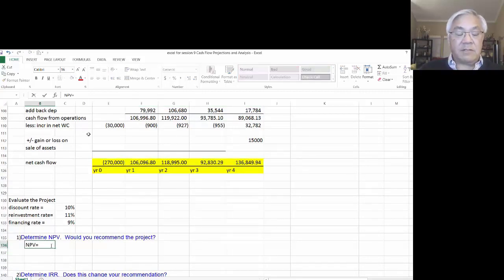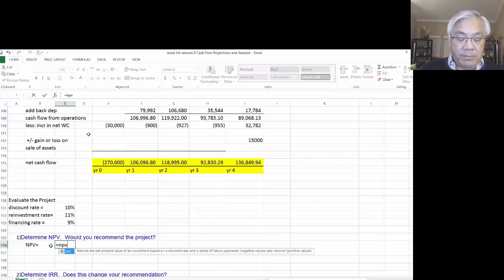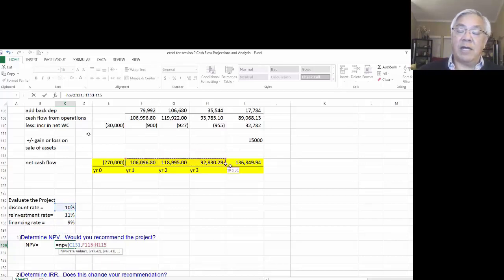NPV equals, and we all know the formula by now, yes, I hope, equals NPV, open parens. What is the rate? Rate is 10%, comma, shade the range, make sure you started to use 1 and not 0, close parens, and make sure we pay our bills to buy into the project, 270.